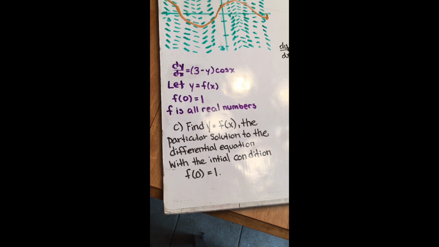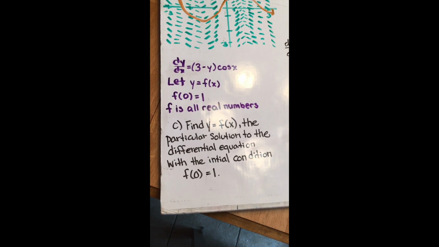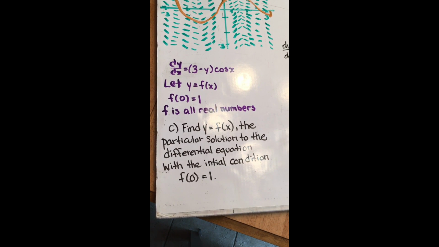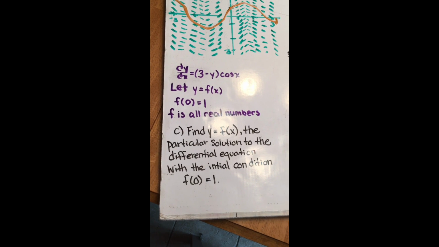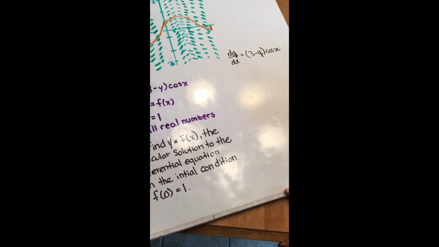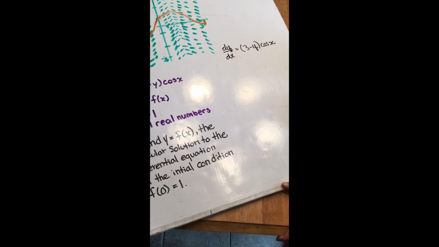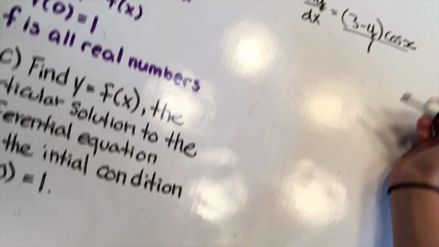Part C asks you to find the particular solution to the differential equation with the initial condition f(0) equals 1. The first thing you want to do is write what they've given you, which is that the slope dy/dx is equal to (3 minus y) times the cosine of x. Then you separate the variables.